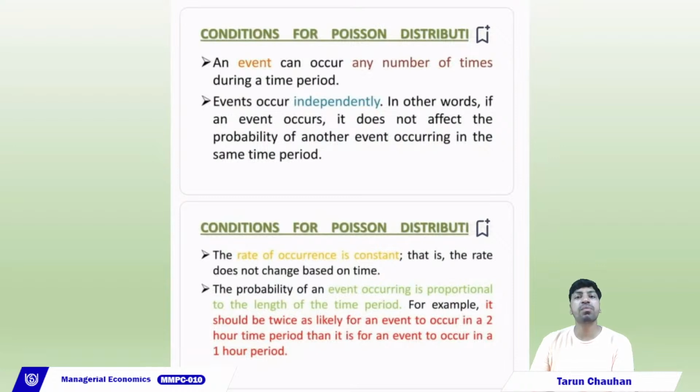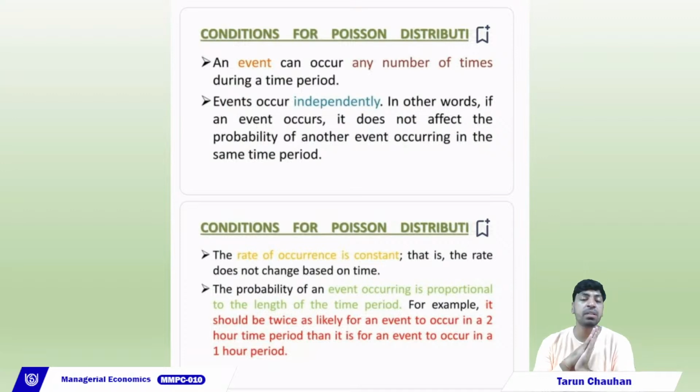Conditions of the Poisson distribution: the event could occur any number of times, and events occur independently. The rate of occurrence does not change based on time. The probability of an event occurring is proportional to the length of the period.